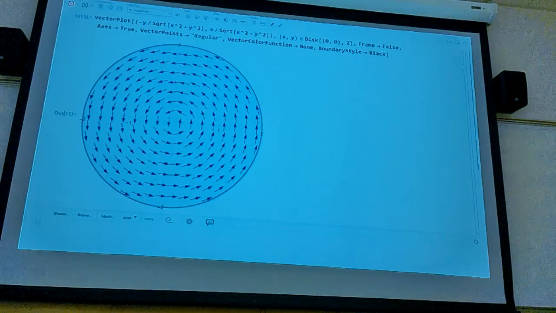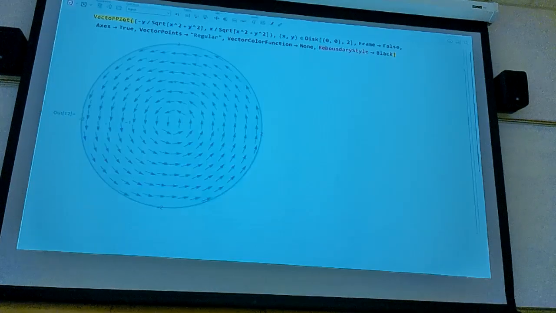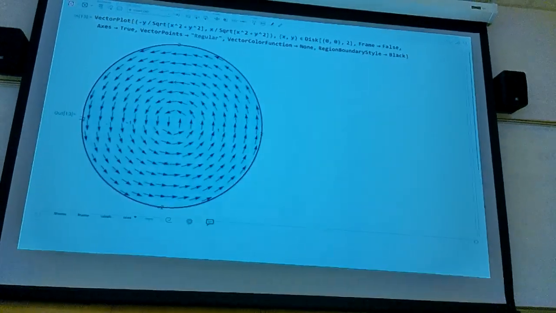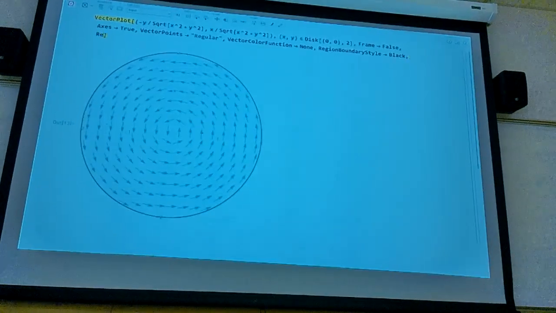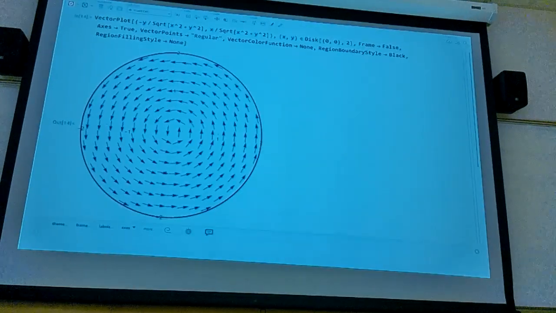I have to do region. Region boundary style. And region filling style. Let's just turn that off. And turn on the shading for the region. Oh, good.